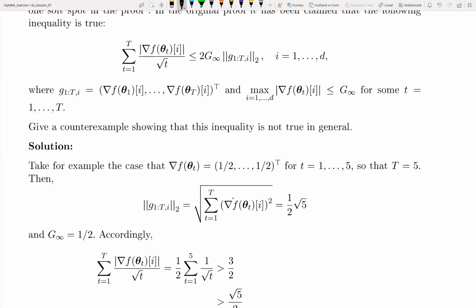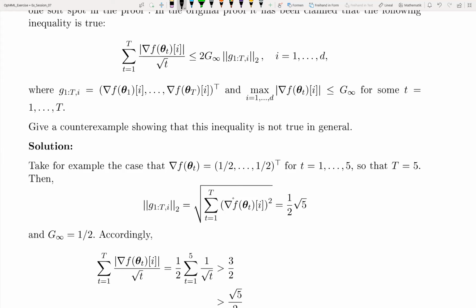Simply take the case that, assume, for instance, you have a linear function, objective value function, such that the gradient is in fact nothing else than, for every iteration, simply the vector consisting of 1/2.